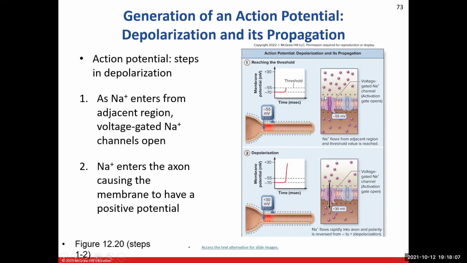Look, you can see here, it's positive outside, negative inside, before any sodium moved. Now, with all that sodium moving to the inside, it's made the inside of the cell positive and the outside negative. So we have now reached this +30 millivolt value here. So that's what happens on our first two steps.